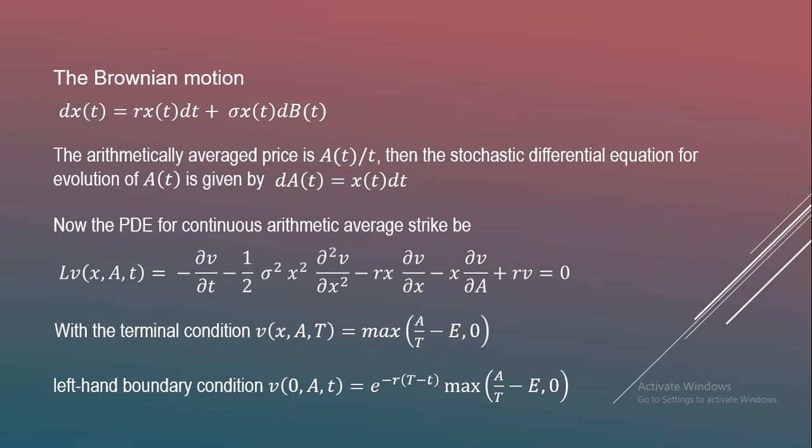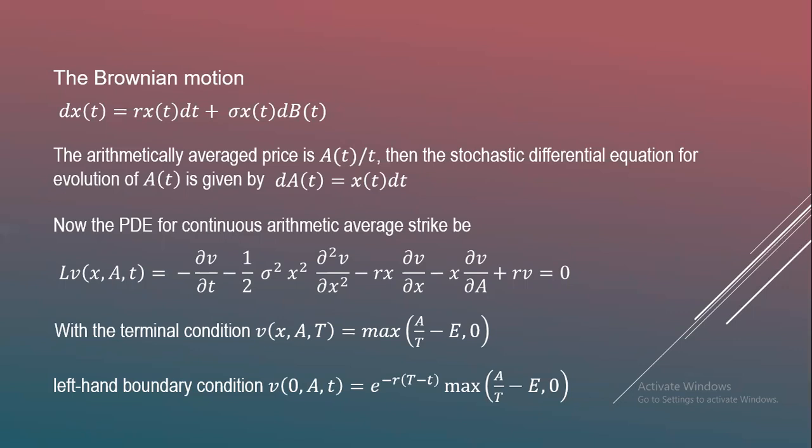An Asian call option is an option type where the payoff depends on the average price of the underlying asset over a certain period of time, as opposed to a standard option like an American or European option, where the payoff depends on the price of the underlying asset at a specific point in time, that is the maturity.